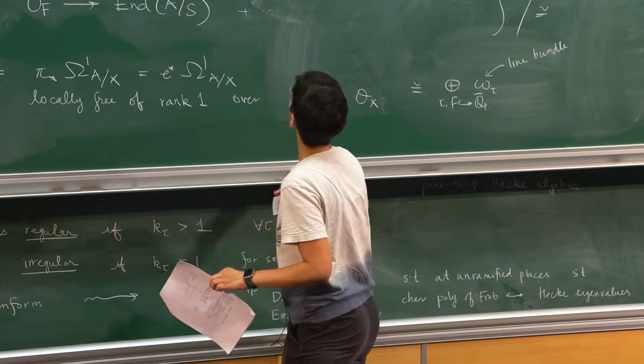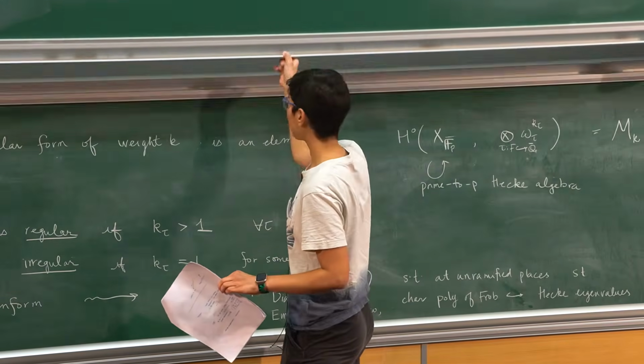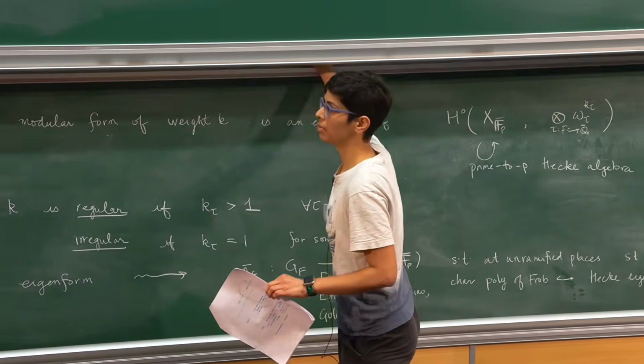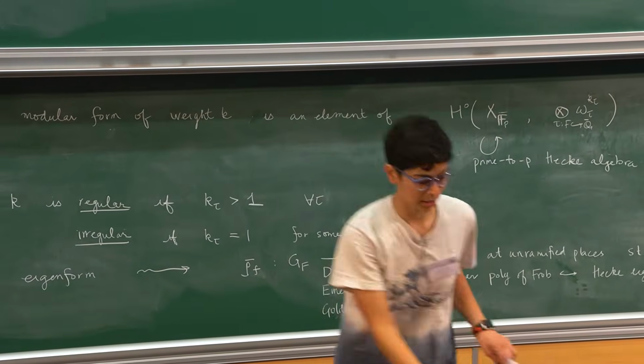Okay, so hopefully I've convinced you that we have a problem, that we do not have enough weight-changing operators to execute the first strategy.